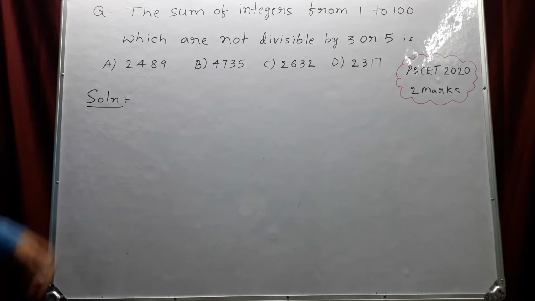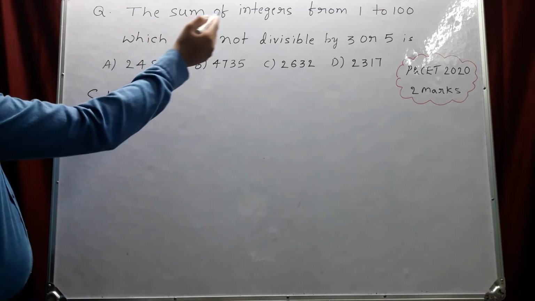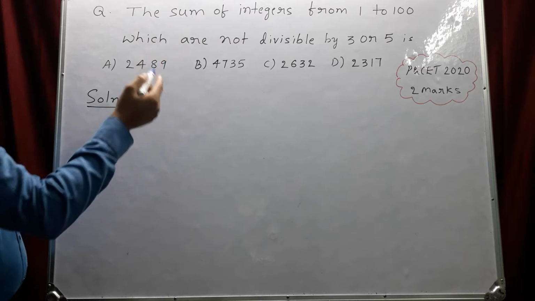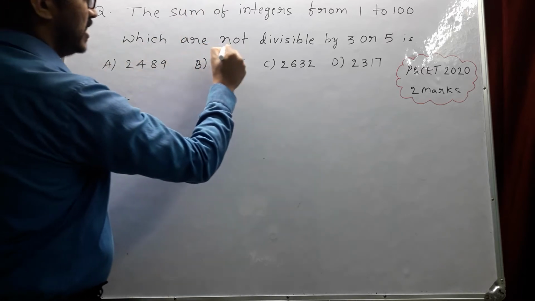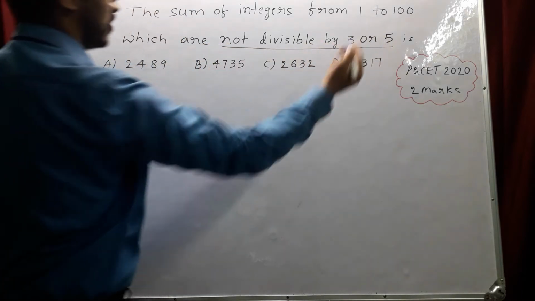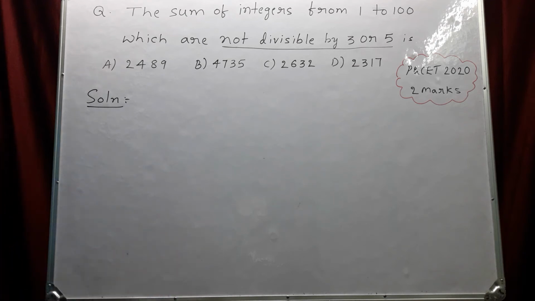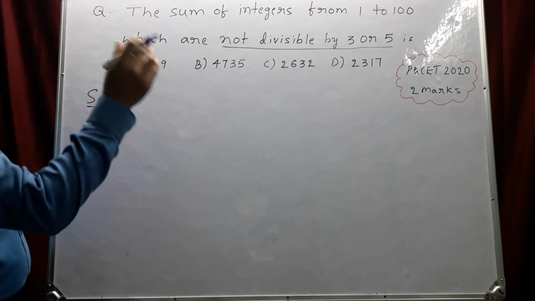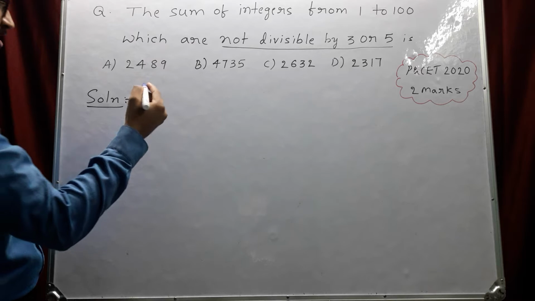Now let us see the solution of this problem by using the concepts studied earlier. We have to find the sum of integers from 1 to 100 which are not divisible by 3 or 5. What we can do here is find the sum of all integers from 1 to 100.